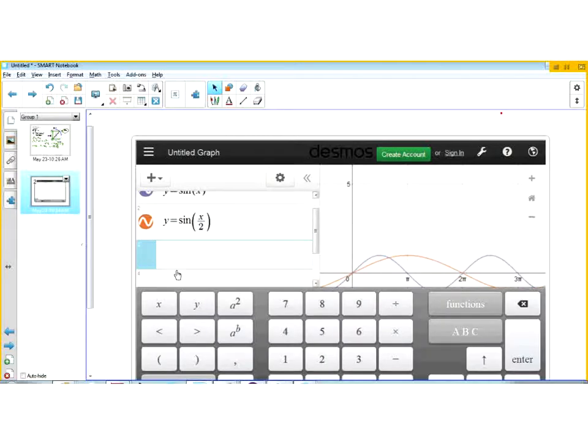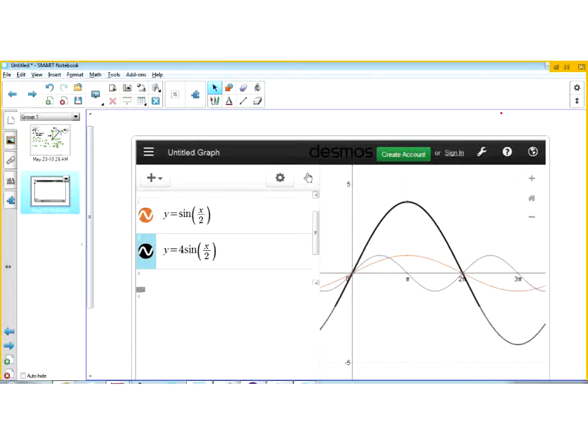Now we can combine horizontal stretching with, say, vertical stretching. So how about y is equal to, say, maybe 4 times sine x over 2. So we combine transformations here, and that's shown in black. So let's see what the combination of transformations does.